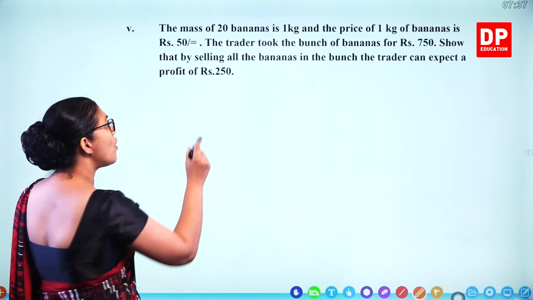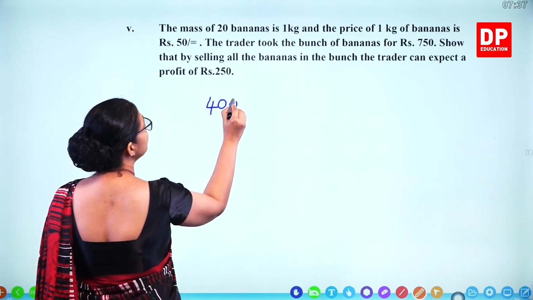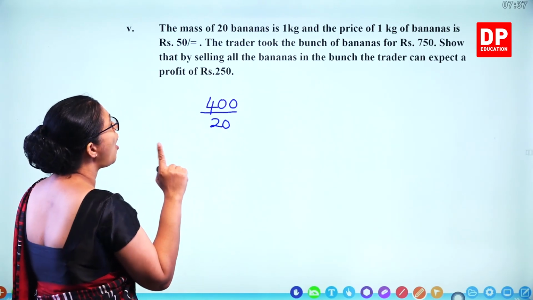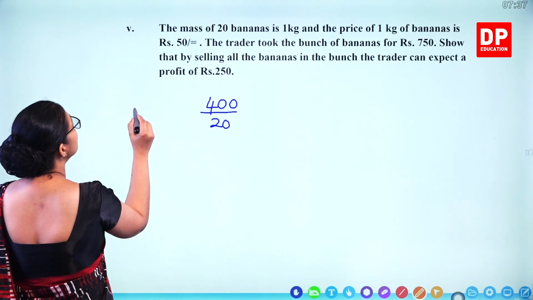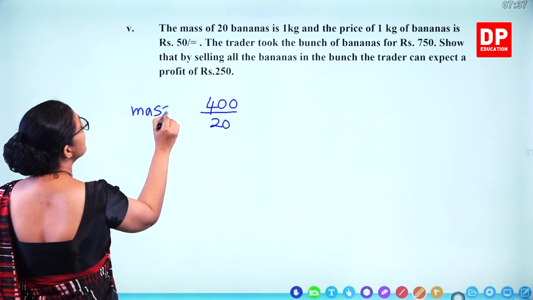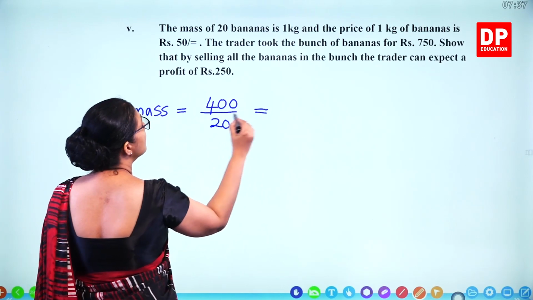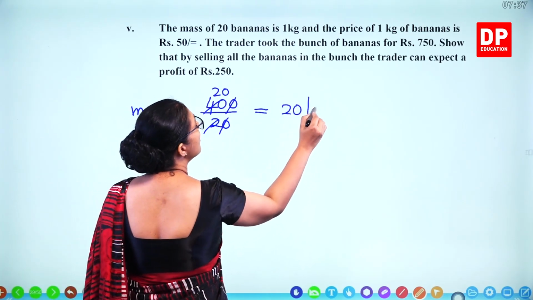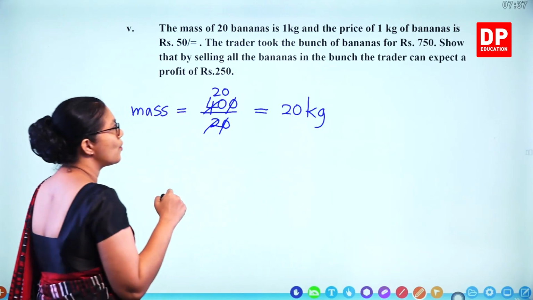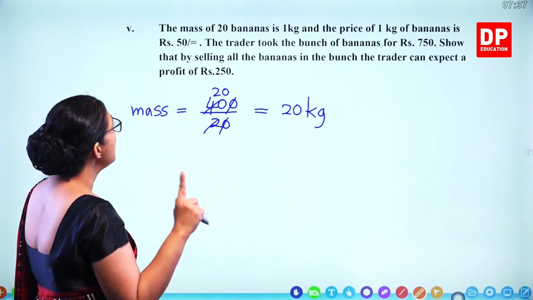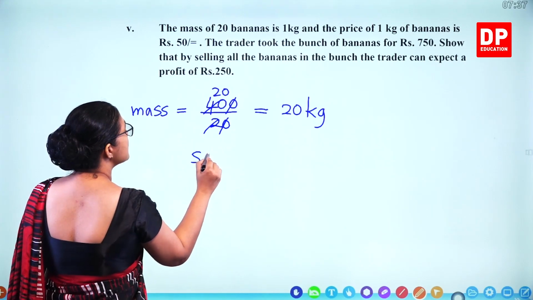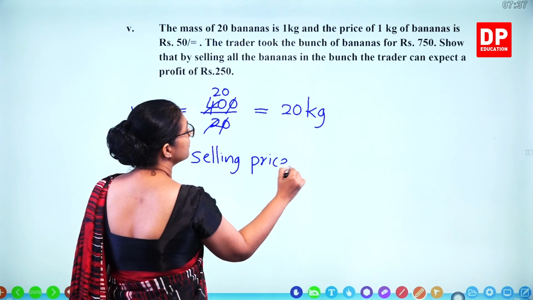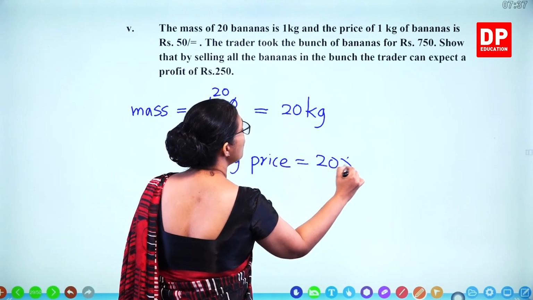So altogether 400 bananas are there. Divide by 20, you can see how many kilos are there. Mass. 20 kilos are there. The whole thing is 20 kilos. 1 kilo is 50 rupees. So what's the selling price? 20 into 50.